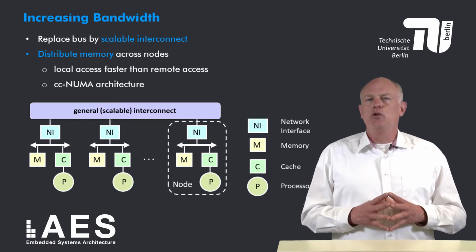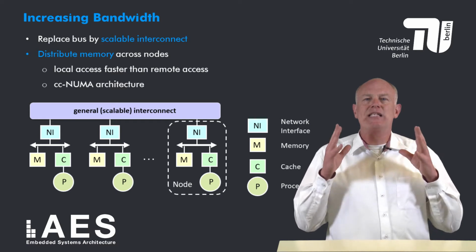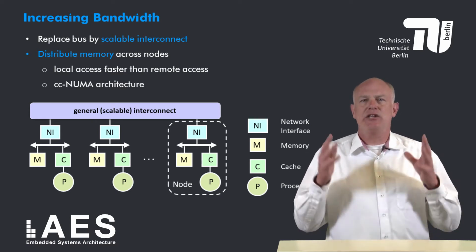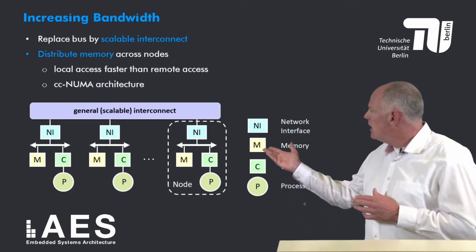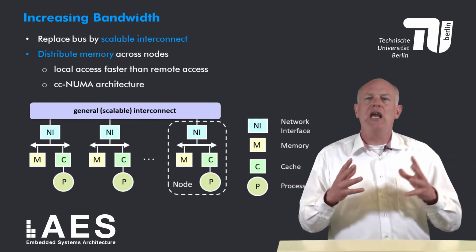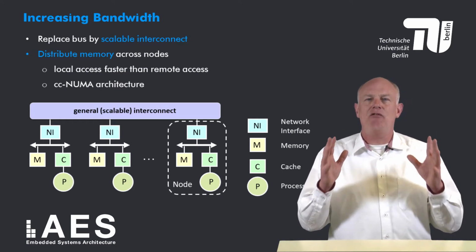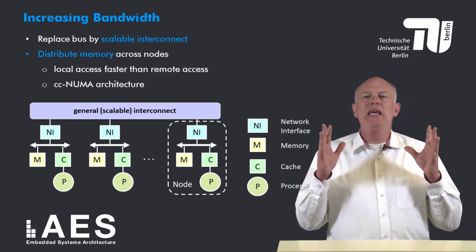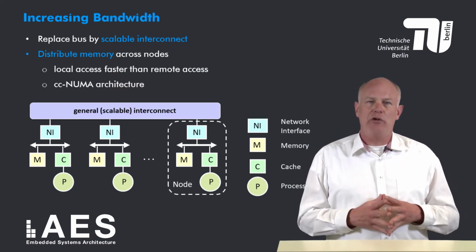So what can we do to increase the bandwidth? We should replace the bus by a scalable interconnect, such as a mesh, a two-dimensional grid. In addition, we should distribute the memory across the nodes so that each processor is directly connected to a piece of the shared memory, sometimes called its local memory.